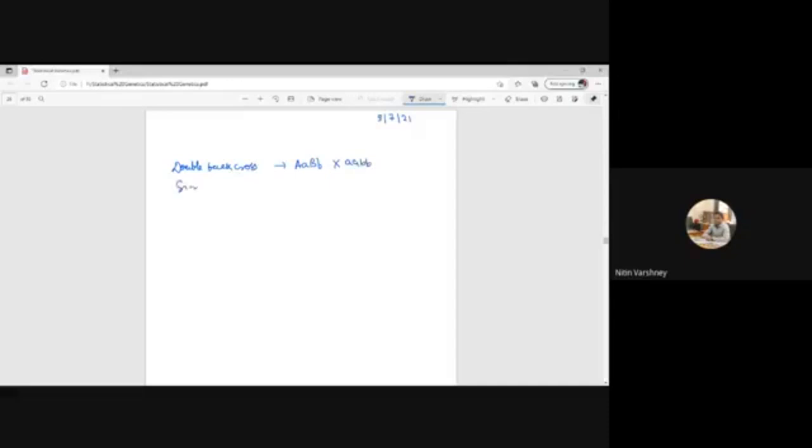Similarly, single back cross will also be there, and in this two situations are there.